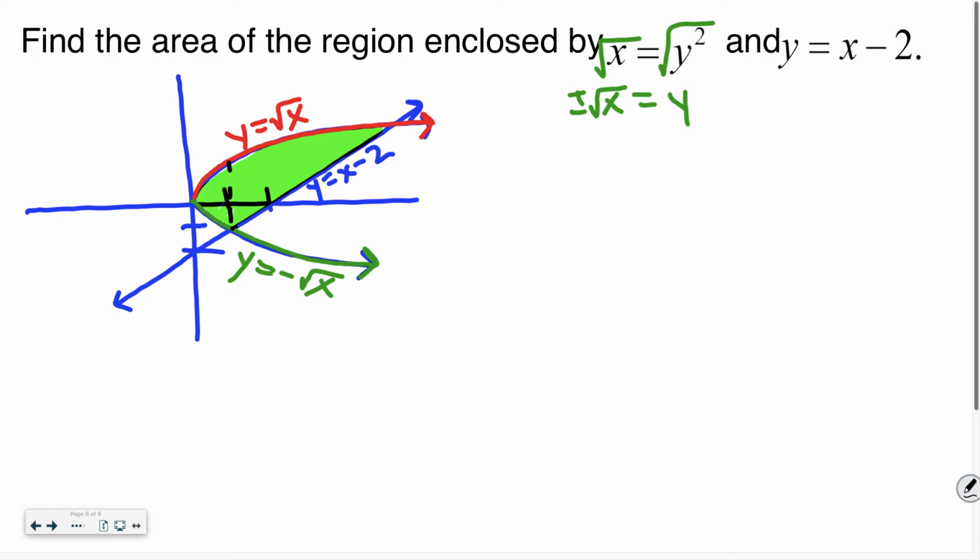Maybe we should figure out our intersections before we go any further. When do these two equal? Okay. So when does y squared equal y plus 2?